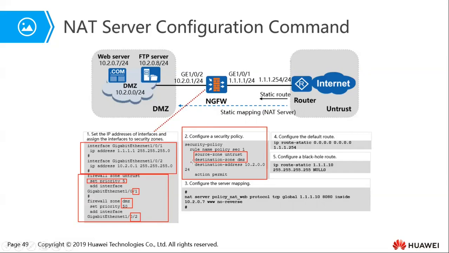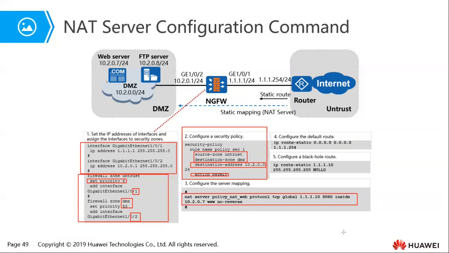This time we are using the destination address 10.2.0.0/24, with the mask, and the action is permit. After we've done that, we can now configure static NAT in step number 3 here. This is how we create static NAT.